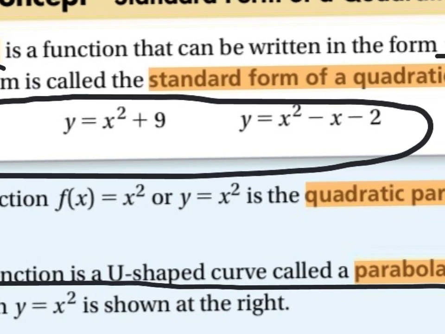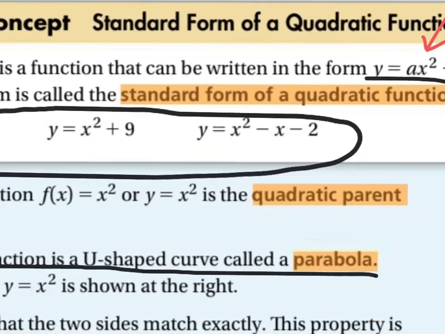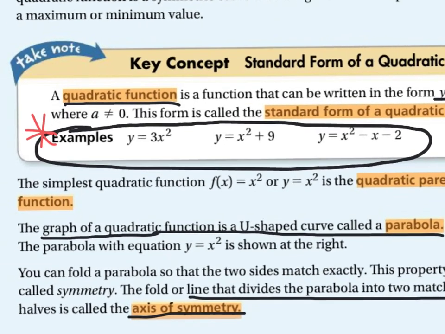That's fine. And in the last case, they have all three of them, and that's fine. What makes it a quadratic function is that you have an x squared term and you don't have anything higher than that, no higher power like x cubed. X squared is the highest exponent that you're going to have.